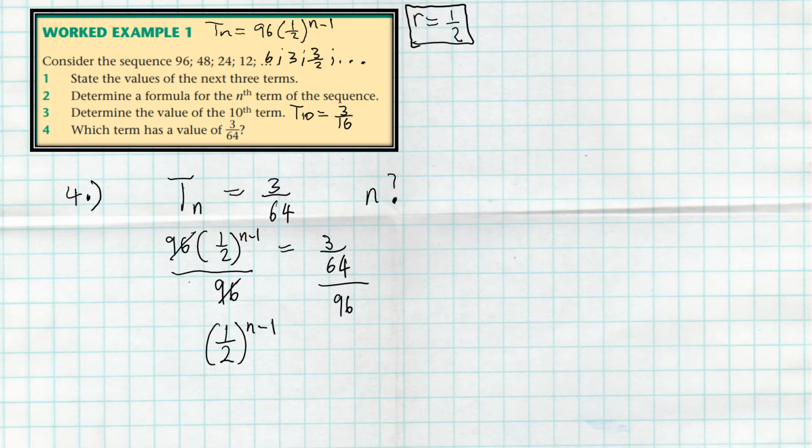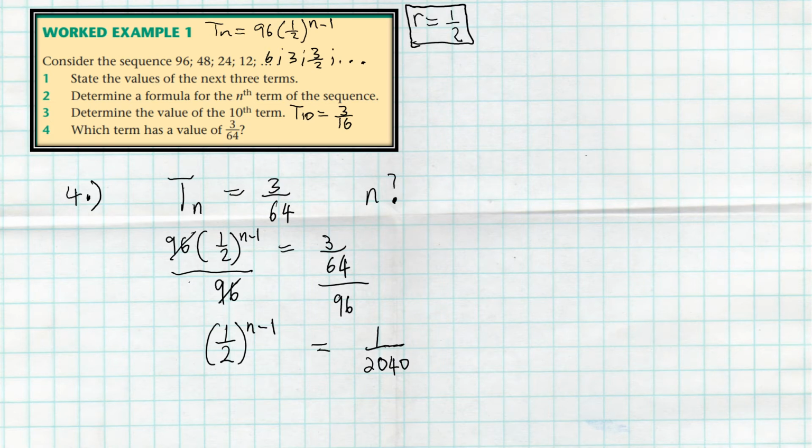Sorry, it's 3 over 64, because they say the value of 3 over 64. So 3 over 64 divided by 96 is giving me 1 over 2048. Right?